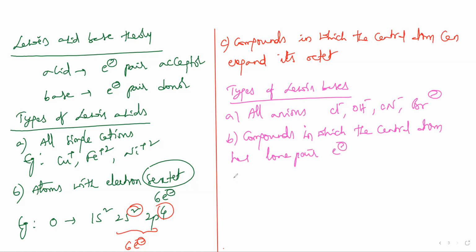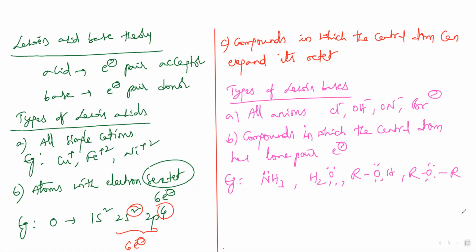Example for this, NH3, water, oxygen is having lone pair, ROH alcohols, ethers also having lone pair electrons. So which can donate lone pair of electrons. So these are all types of Lewis bases.